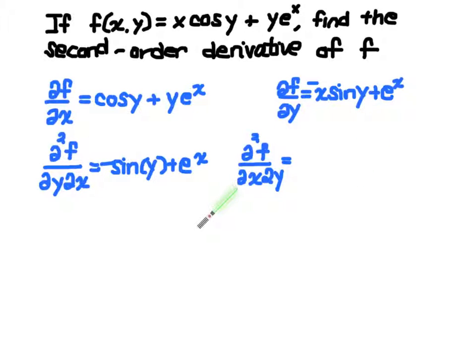So now we want to find the partial derivative with respect to x of this. And when we do that, we know that we're treating the y like it's a constant, and the partial derivative of x is 1, so it's going to give us a negative sine of y plus, and the partial derivative of e to the x with respect to x is e to the x.